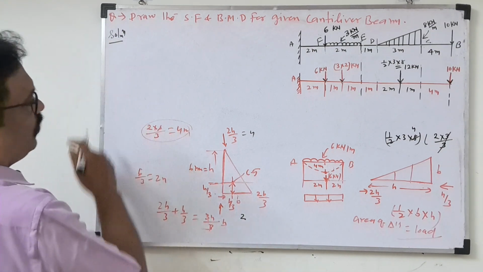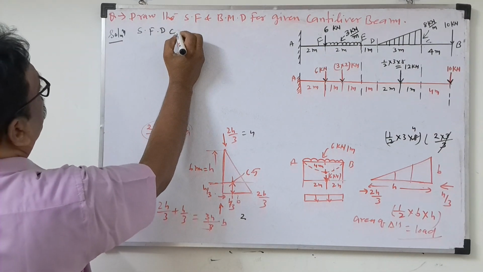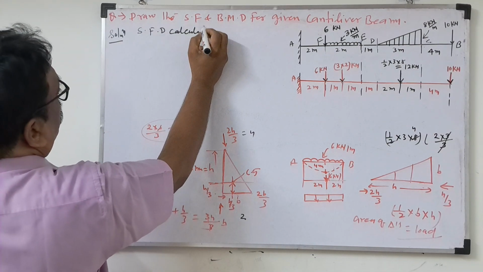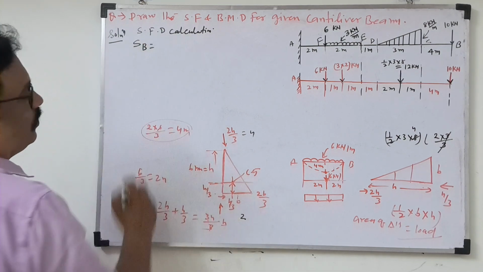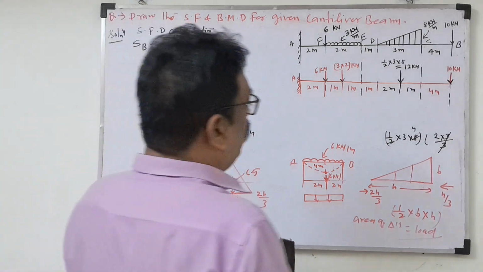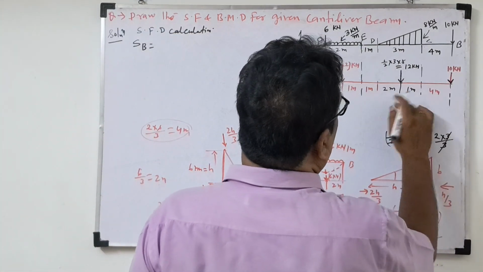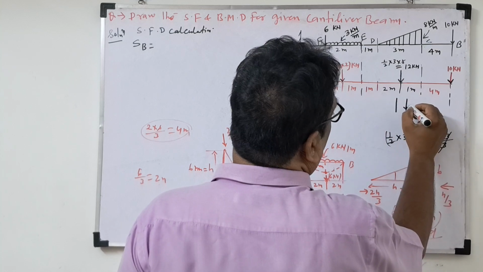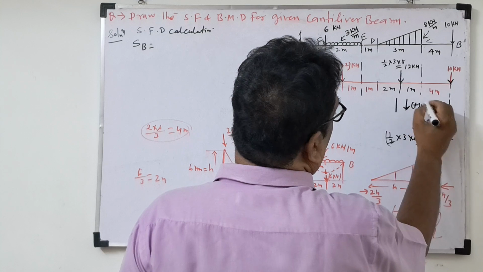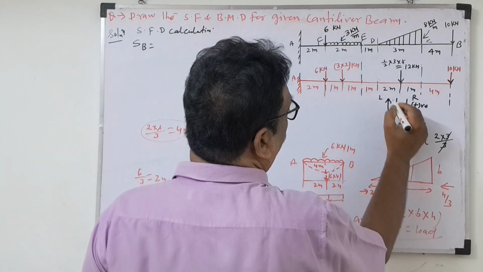Shear force diagram calculation. So shear force at B. What sign convention do I generally use? You see here, take one section: downward force will be positive if you are considering the right side, and if you are considering the left side, upward is positive.